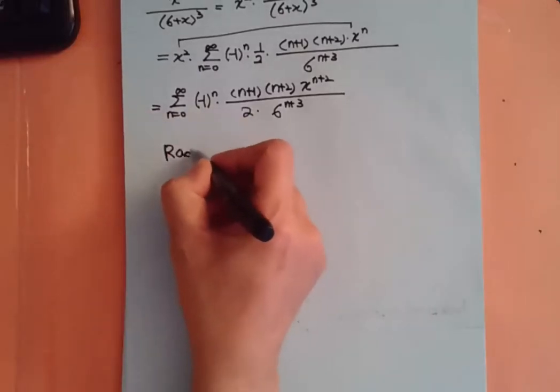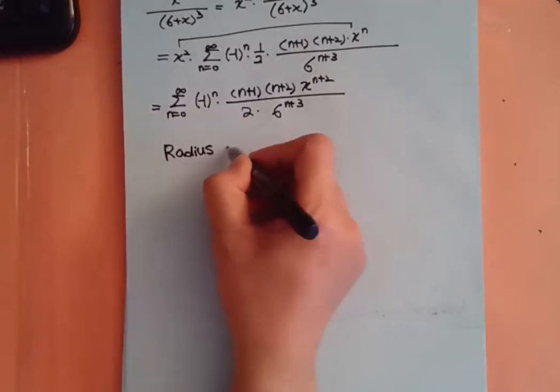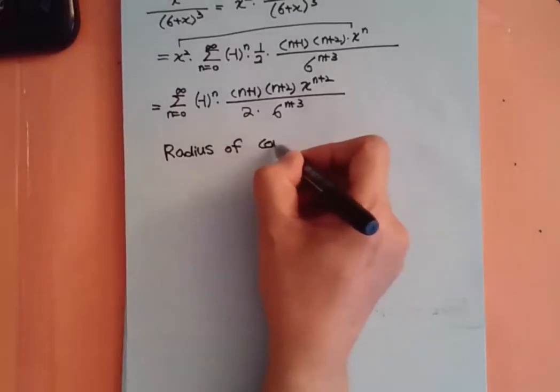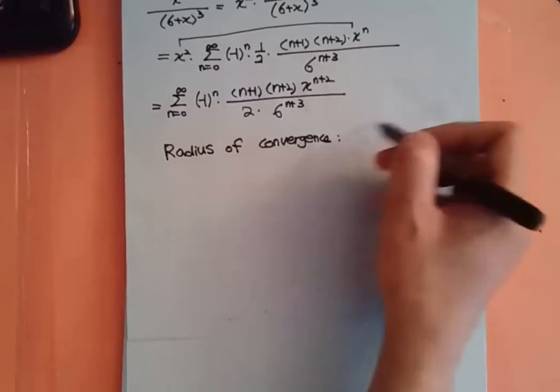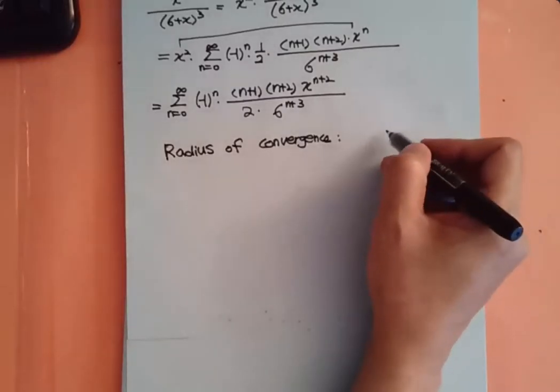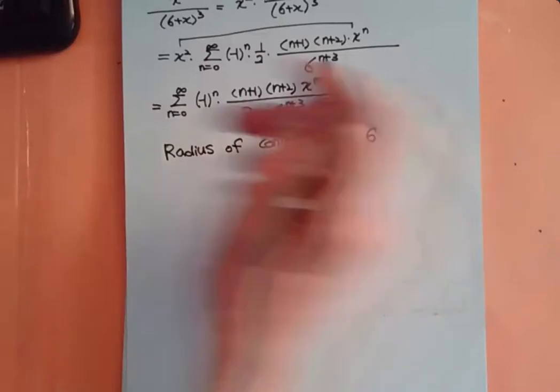So the radius of convergence is 6 as before.